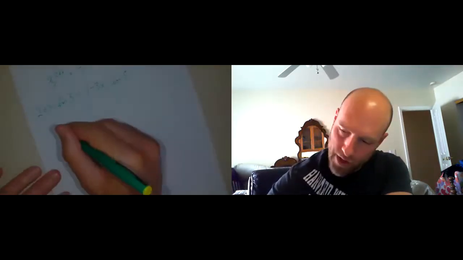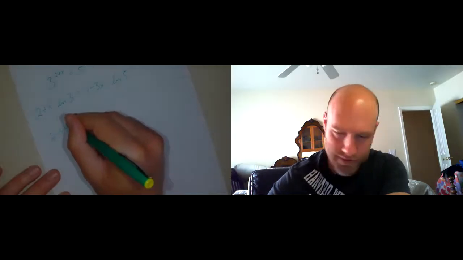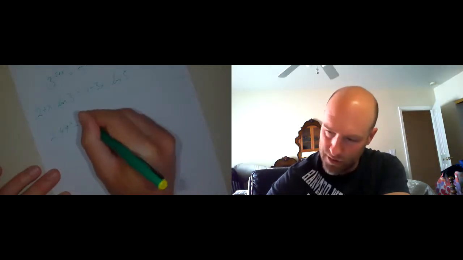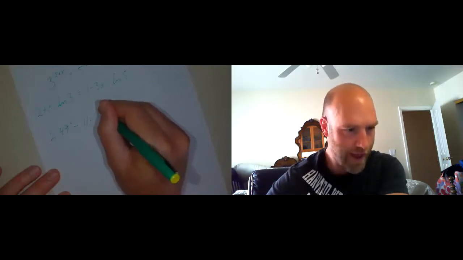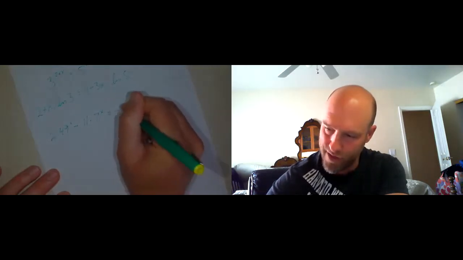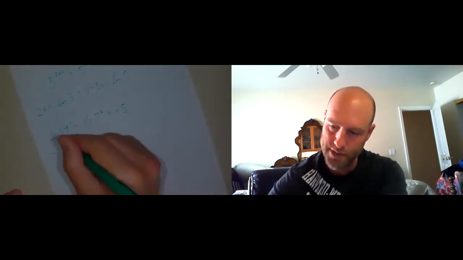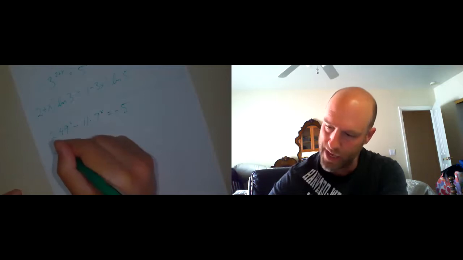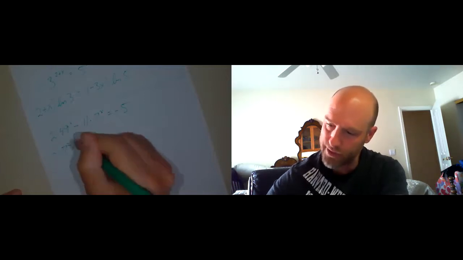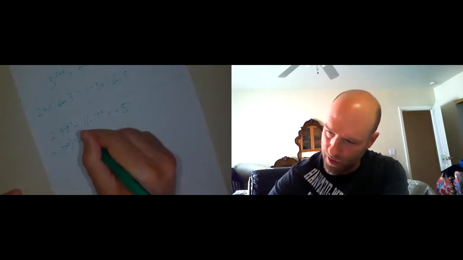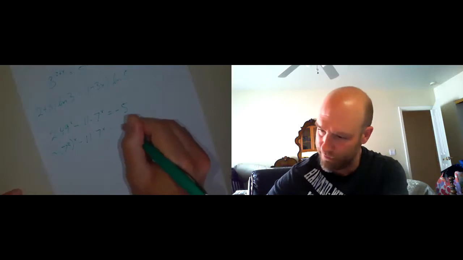Moving right along, I've got 2 times 49 to the x minus 11 times 7 to the x equals -5. This one, I feel like they're being a little bit sneaky by saying 2 times 7 squared to the x minus 11 times 7 to the x equals -5.